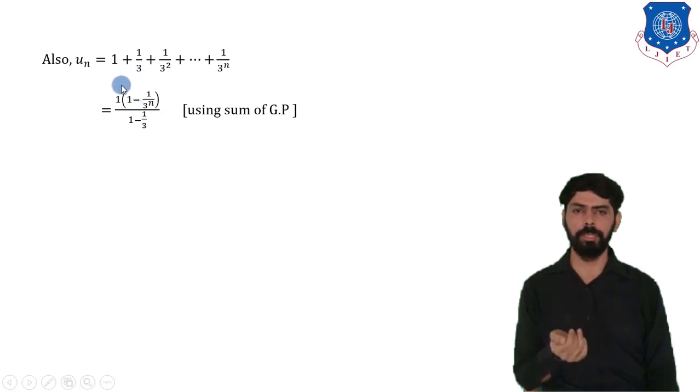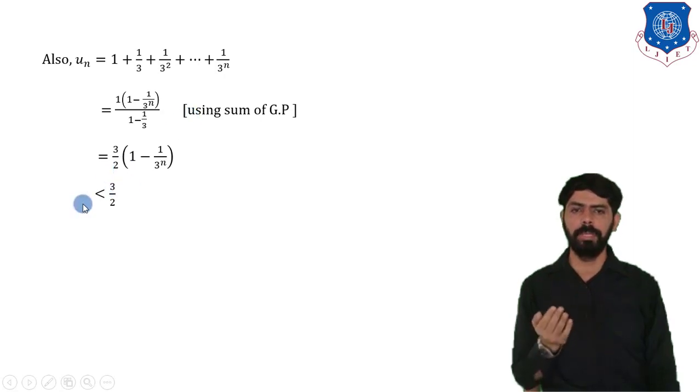By the formula a(1 minus r^n) divided by (1 minus r), where a is the first term, here 1, it will be 1 into (1 minus (1/3)^n) divided by (1 minus 1/3). Simplifying, 1 minus 1/3 is 2/3, so it will be 3/2 into (1 minus (1/3)^n).